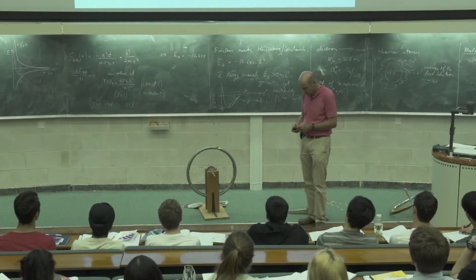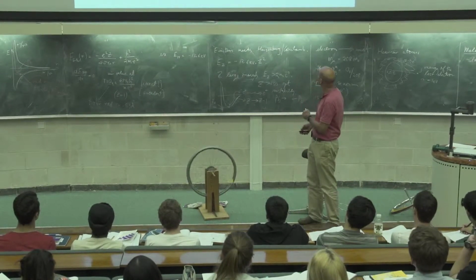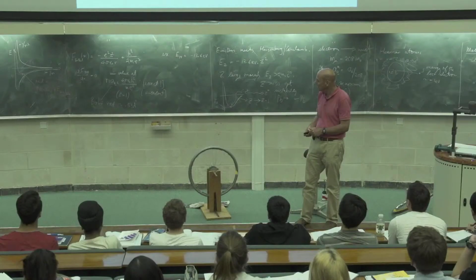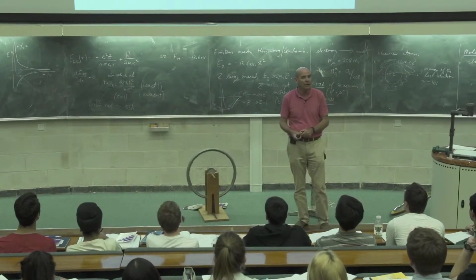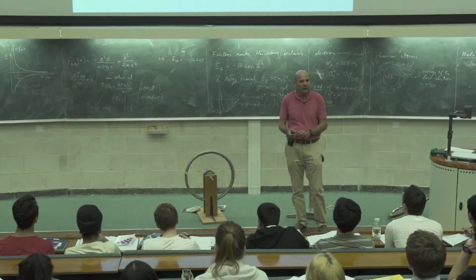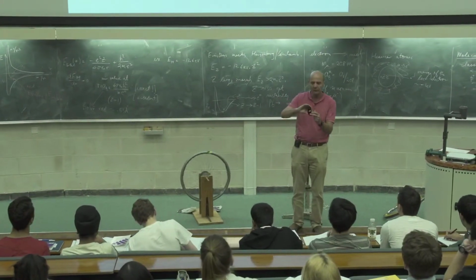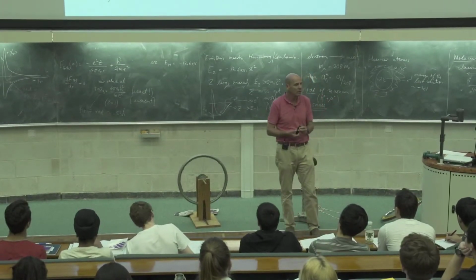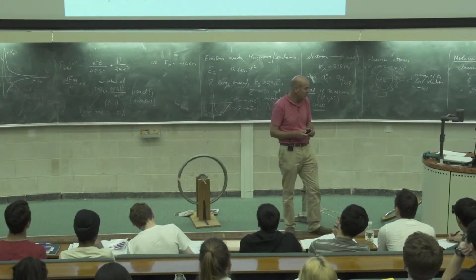And this discovery was made by a Cambridge physicist, Paul Dirac, who managed to combine quantum mechanics and relativity. The remarkable thing about electrons is that they recover their original position not after a rotation of 360 degrees, but after a rotation of 720 degrees.